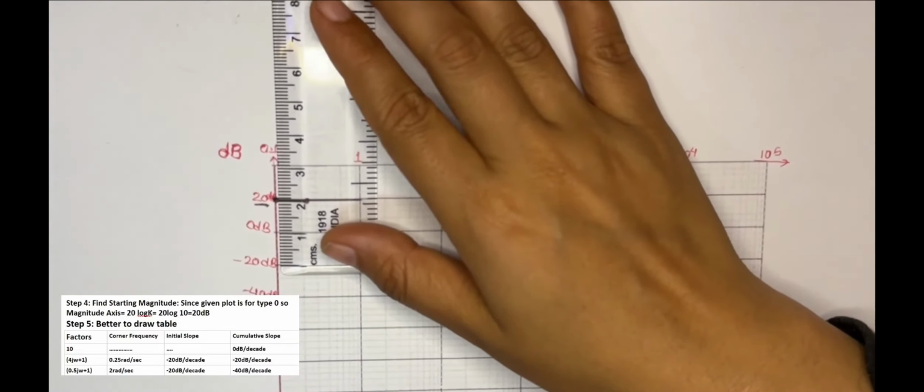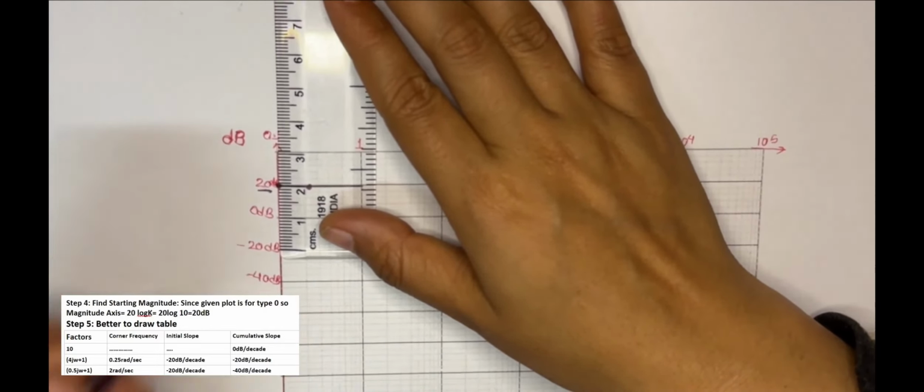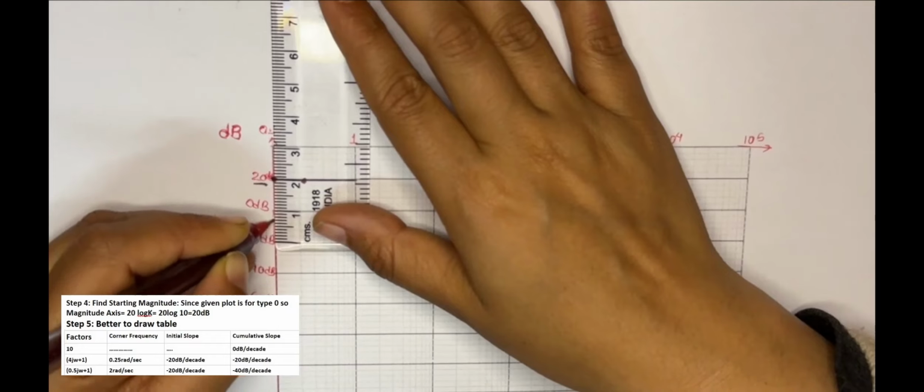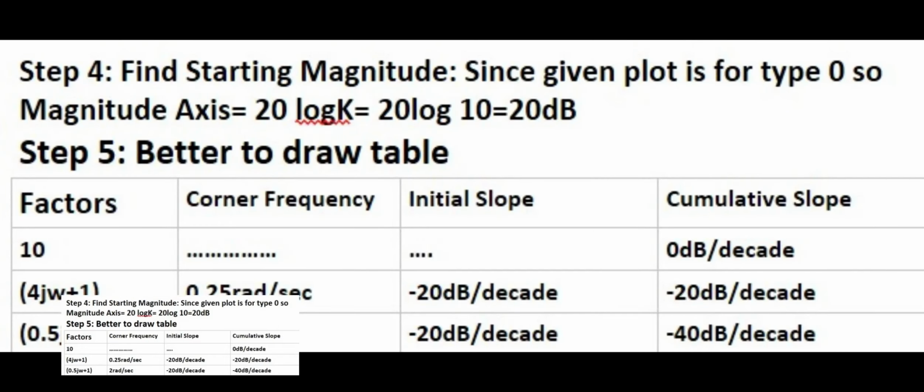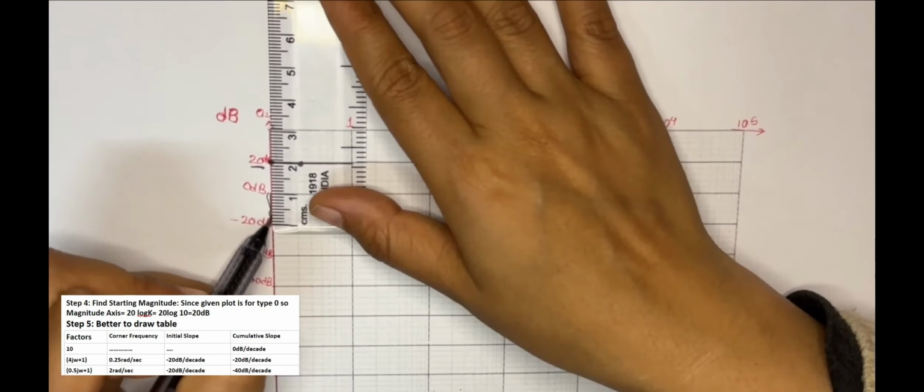After that you need to find the minus 20 dB per decade in your graph. We noted that we are having 1 centimeter as minus 20 dB per decade in our graph. So from 0.25, one decade will be 2.5 radian per second.